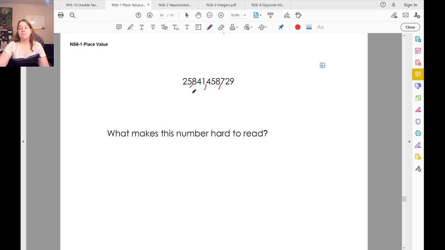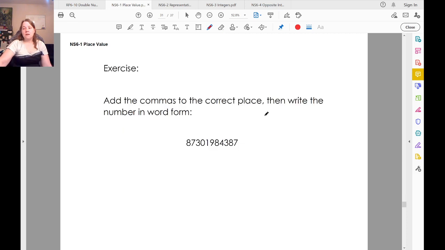These numbers are in the millions place. Those commas make a very big difference. Please use them. They want you to add these commas in the correct place and then write the number in word form. So when you add the commas, I'm going to give you a second to pause, then come back.